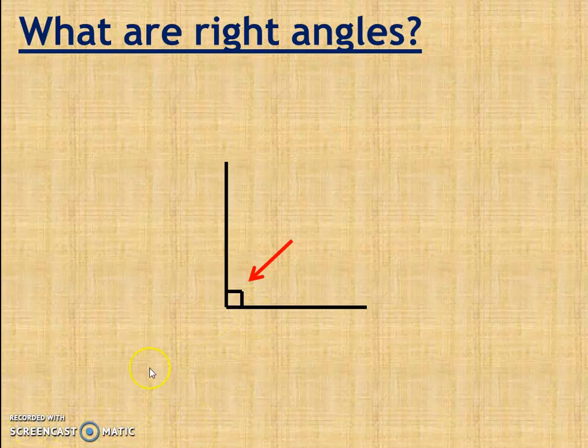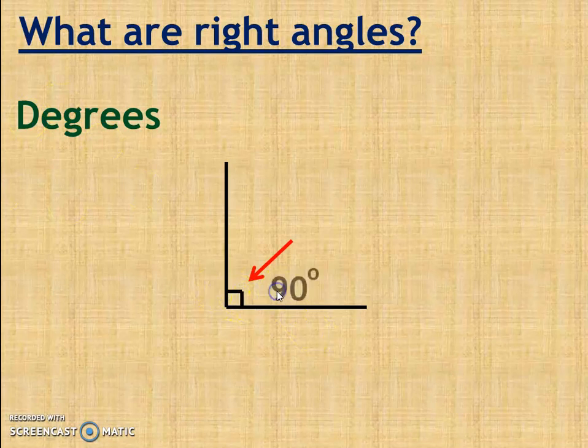An angle is measured in degrees. So an angle is measured in degrees, and this right angle is 90 degrees.